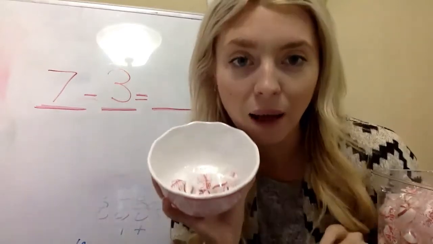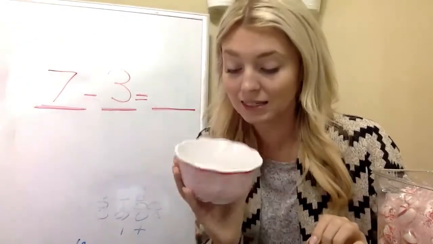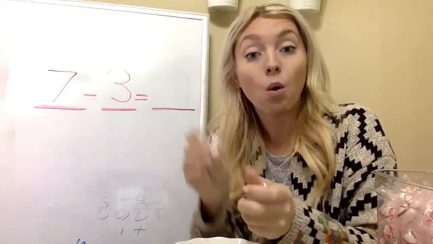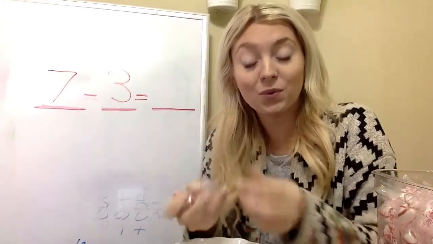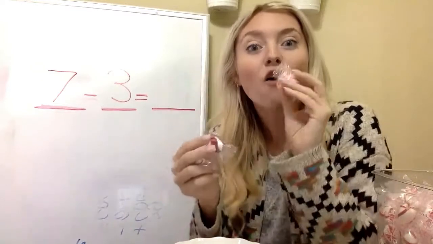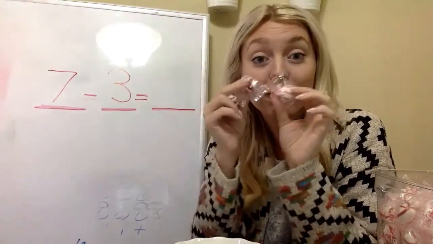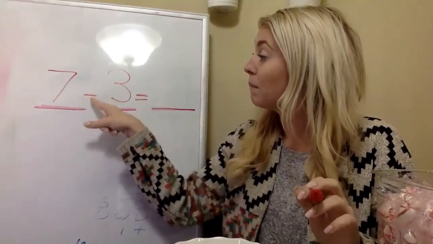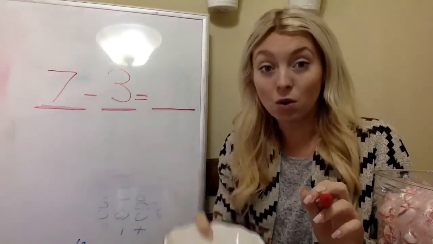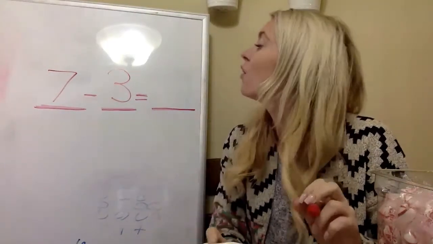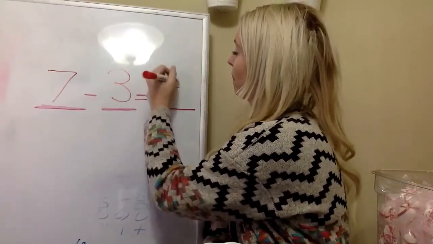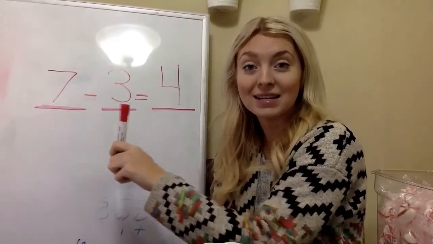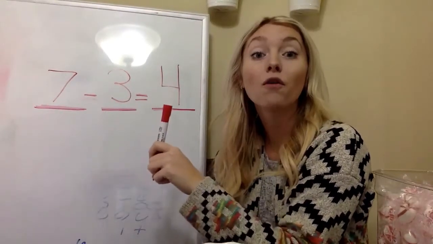Well, let's count how many peppermints Miss Nettles has left in her bowl. Ready? I've got 1, 2, 3, 4 left. I've got 4 peppermints left. So 7 minus 3 equals, how many do I have left? 4.